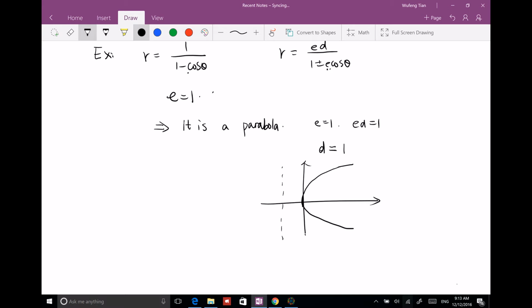The distance from here to here is 1, and then this is the point 1, 0. So directrix x equals negative 1, and you get y squared equals 4x.